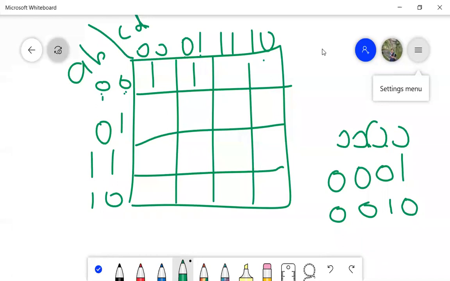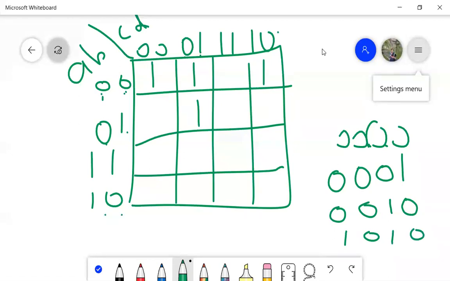What is the next example I have? 5. Where do I have 5? 0 1 0 1. 5 will be over here. What is the next one? Next one I have is a 10. 10 is equal to 1 0 1 0.